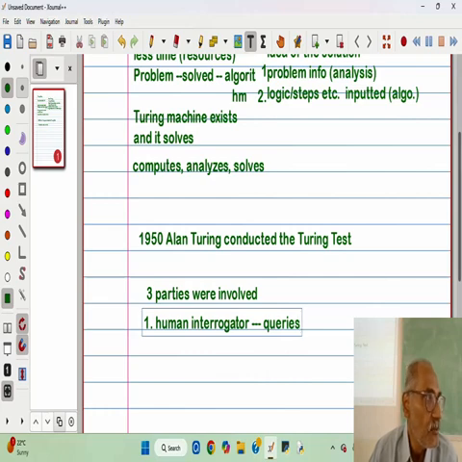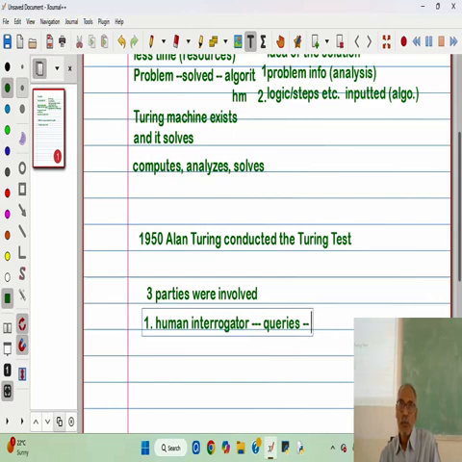Just like that, the human interrogator will be posing the queries. And the point here is: what is the scope of his asking the questions? Which domain is he going to restrict to?